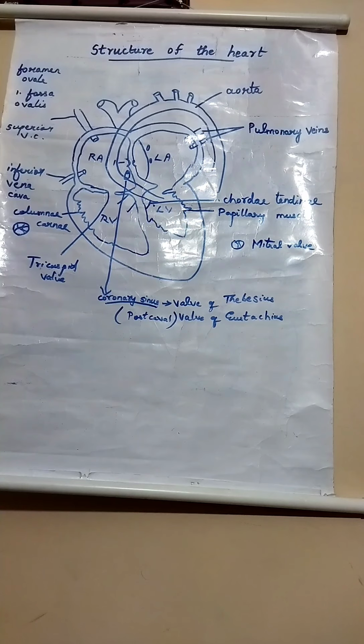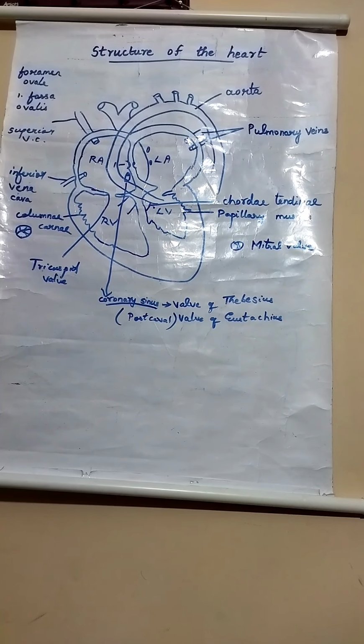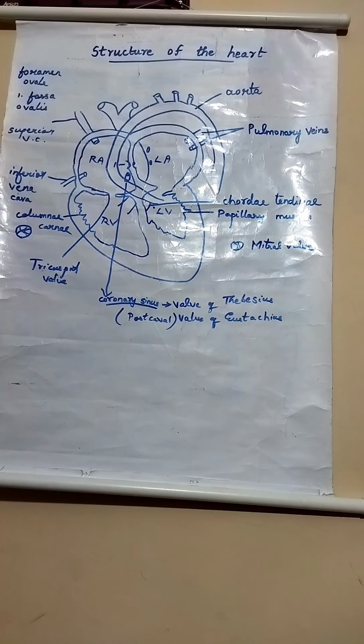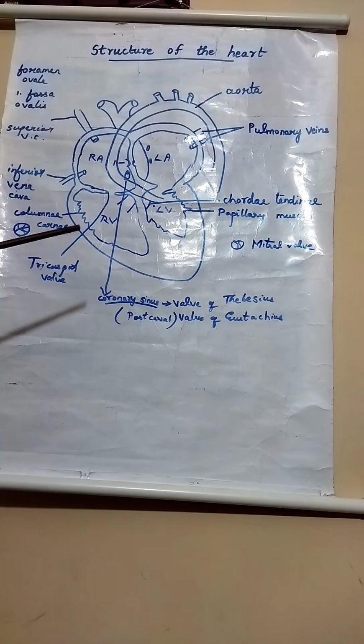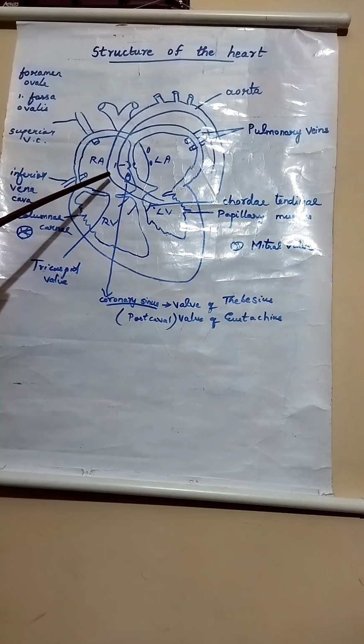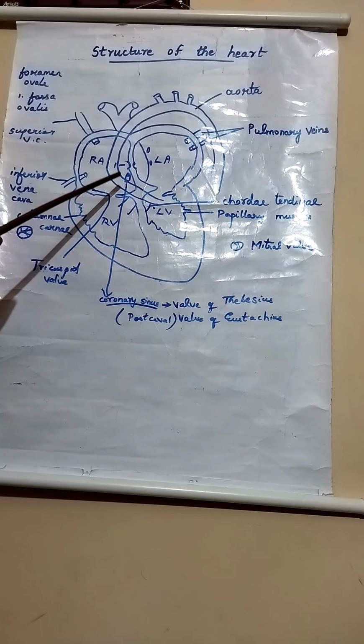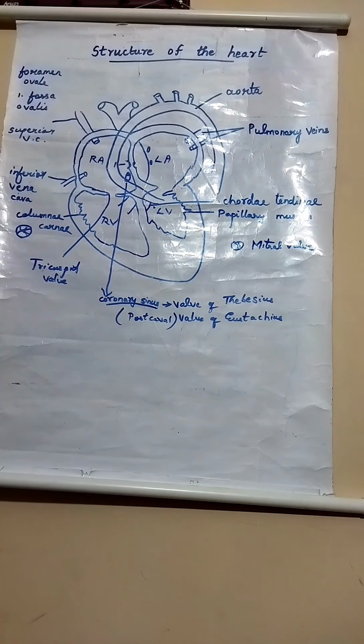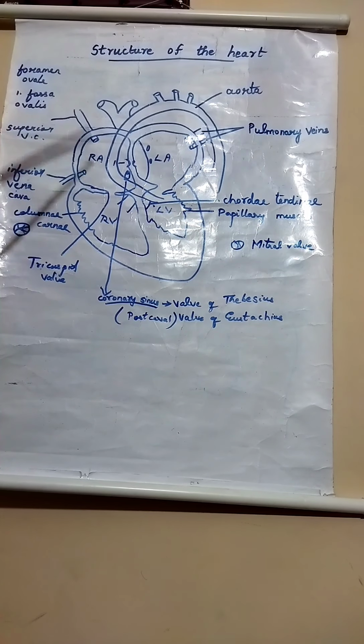We know that even the heart is supplied with oxygenated blood, and that is taken to the heart by the coronary artery. Similarly, the coronary sinus is going to open into the right auricle, and all the deoxygenated blood from the walls of the heart will be poured into the right auricle.